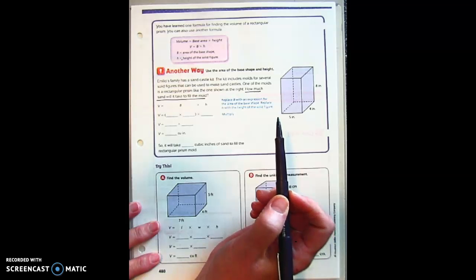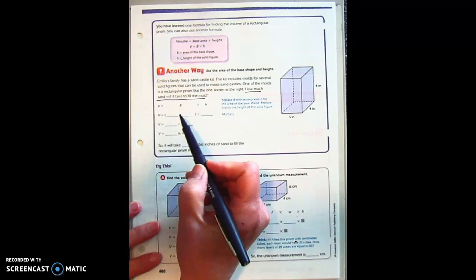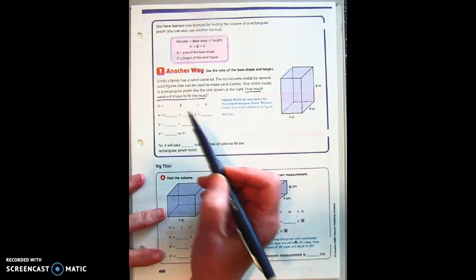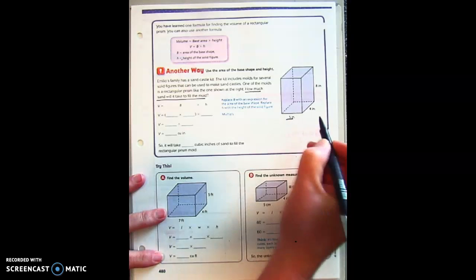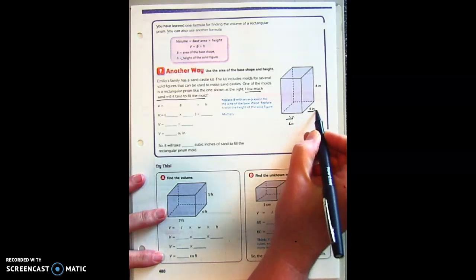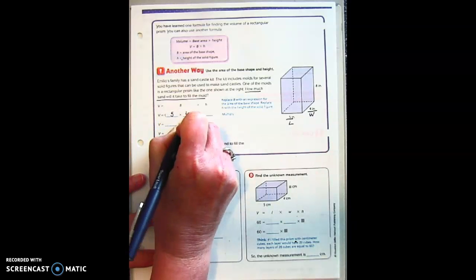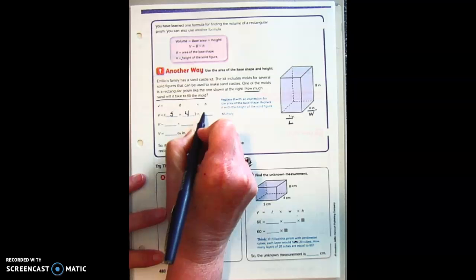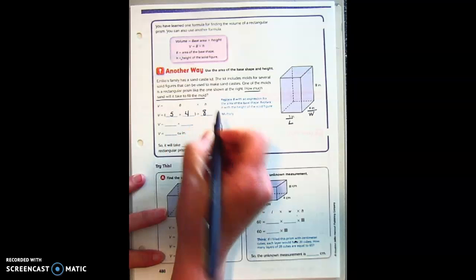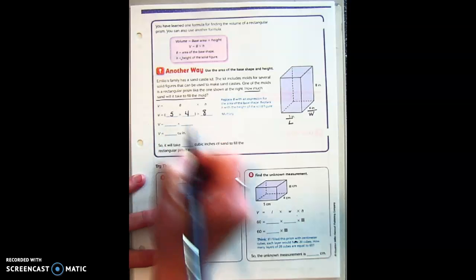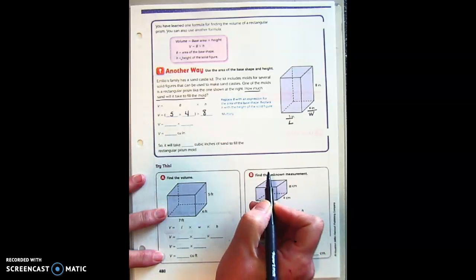So we're going to find the volume, but we're going to do it by first finding the area of the base, which is the length times the width. So we have 5 times 4, and then we're going to multiply it by the height. Remember that these two numbers together make the area of the base.